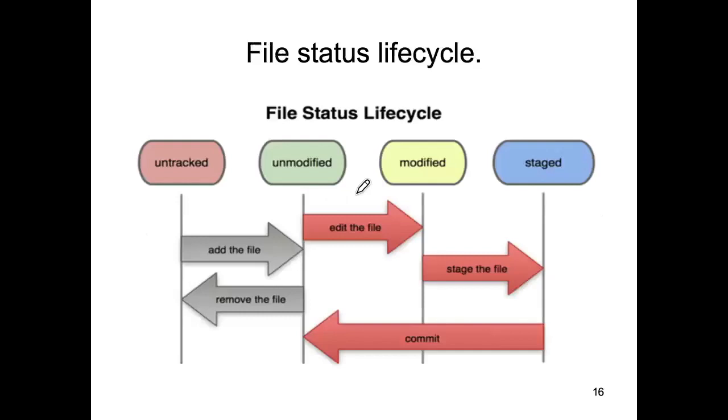This diagram then shows how any file within your working area moves from state to state. So again, if we just imagine we've got a file that's in an untracked state, so Git doesn't know anything about it so far. There's no earlier copy of this file in the repository at all. So it's untracked.